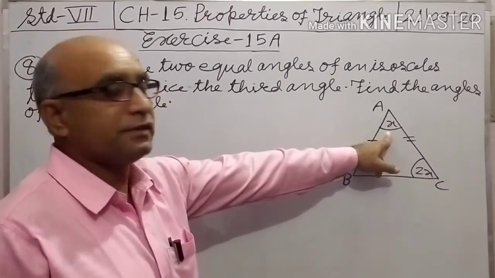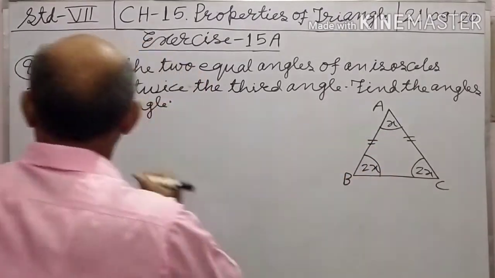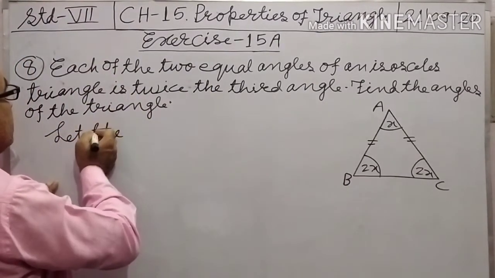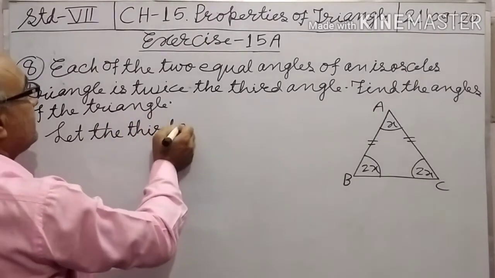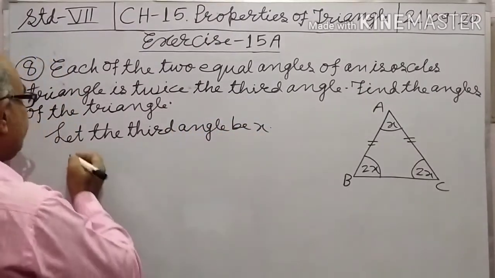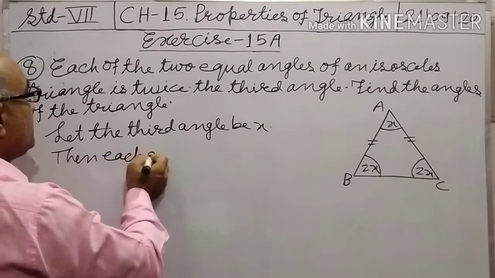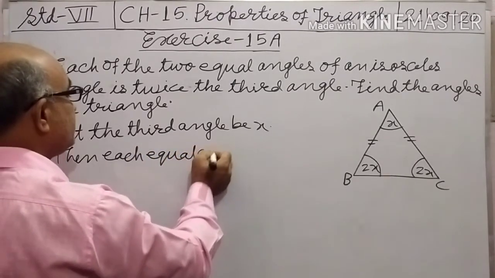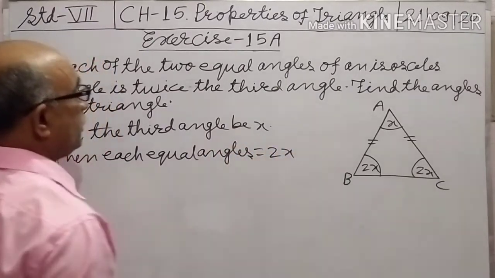So the third angle is X, then both equal angles are twice, that means 2X.